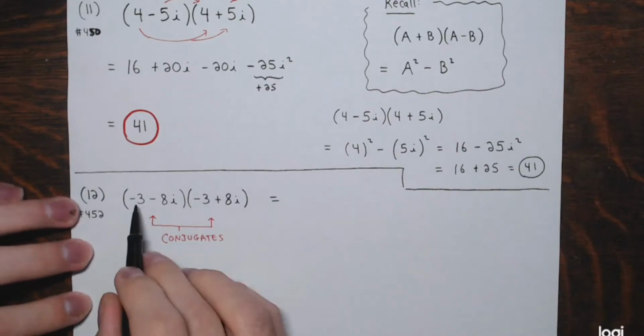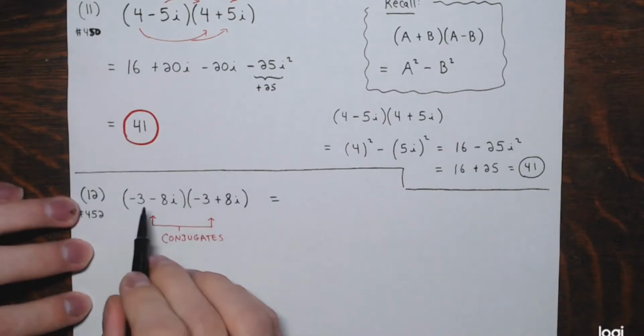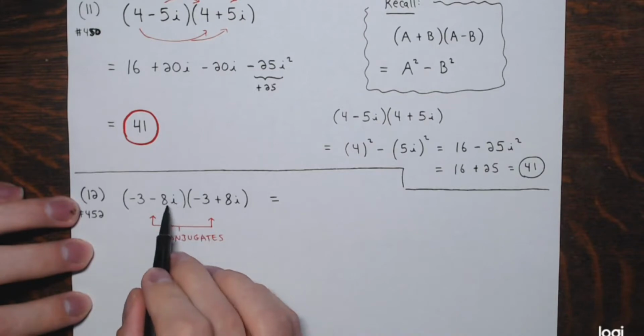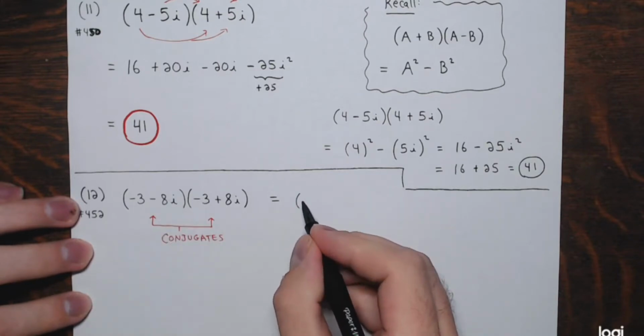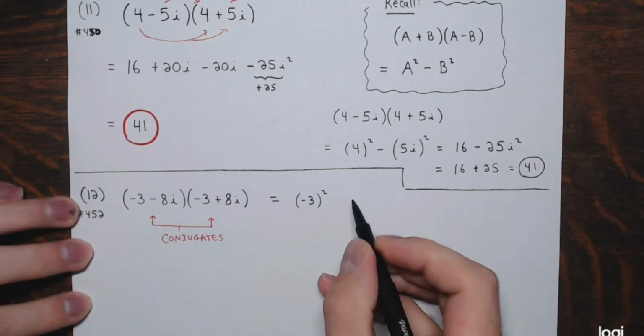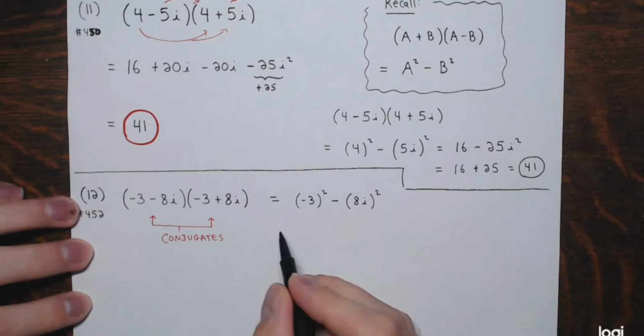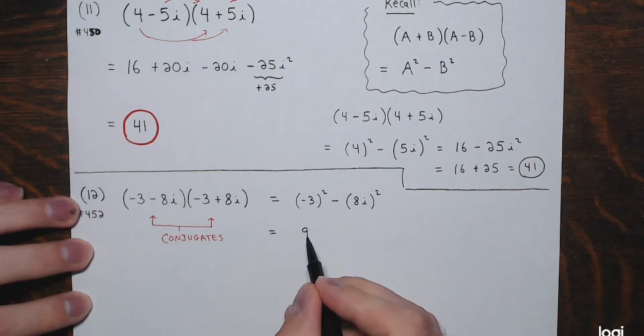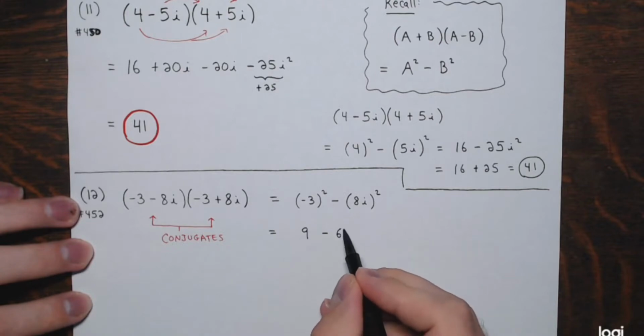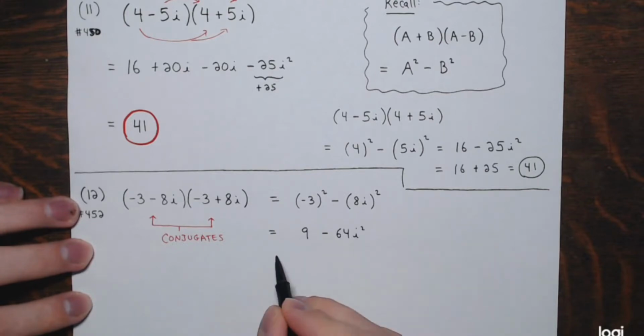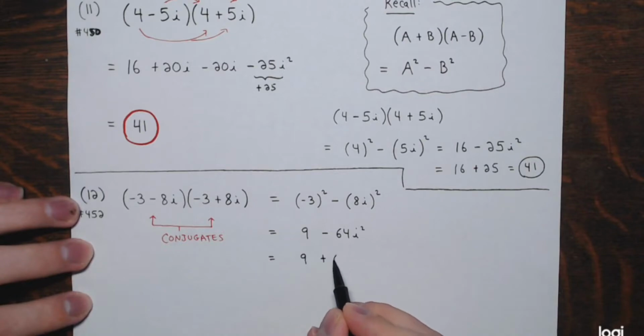So it's like a minus b times a plus b, where a is negative 3 and b is 8i. So I end up with a squared, negative 3 squared, minus b squared, which is 8i squared. So this is 9 minus 64i squared, which will be 9 plus 64. Right? 64i squared, i squared is negative 1, so this becomes plus 64. And 9 plus 64, 73.